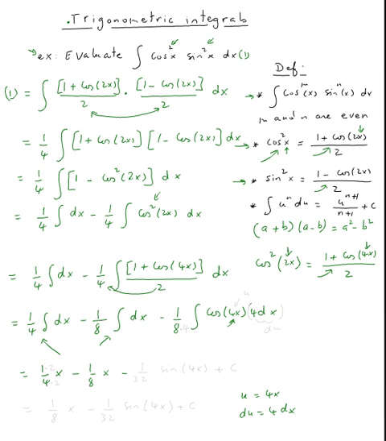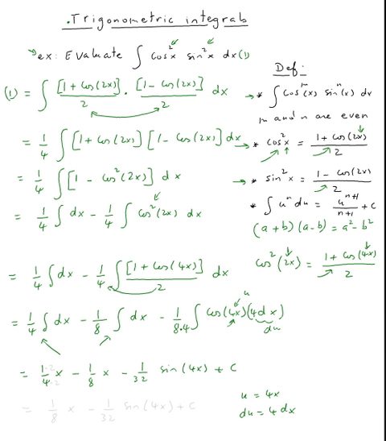Multiply this by 4 and divide by 4. Nothing changed. Now think of this as a du, and this is a u. Integral of cosine u du is just sine. So that would be minus 1 over 32 sine of u, which is 4x, plus c.